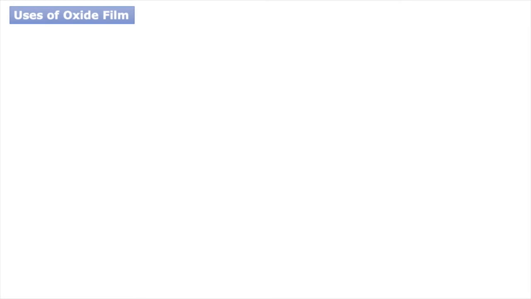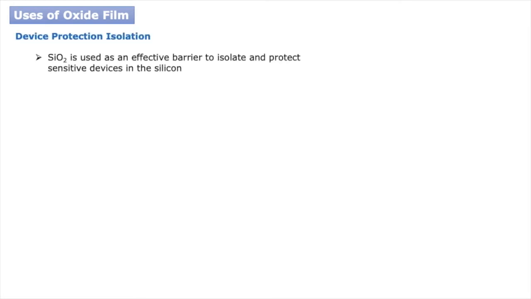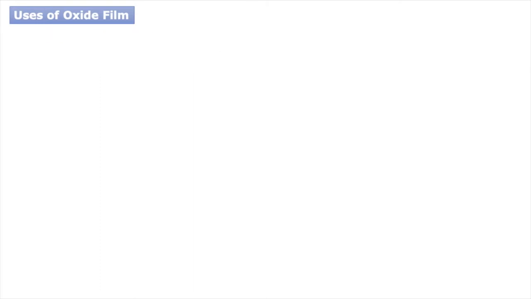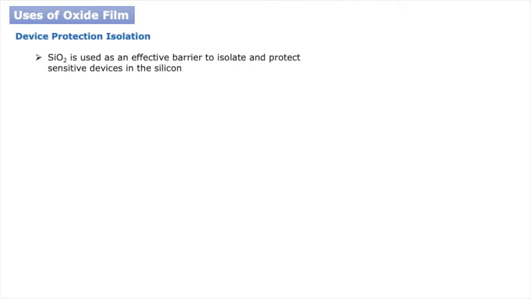What are the uses of oxide film? There are many. Let's see the uses of oxide thin film. There are several. The first one is device protection and isolation. Silicon dioxide is used as an effective barrier to isolate and protect sensitive devices in silicon.